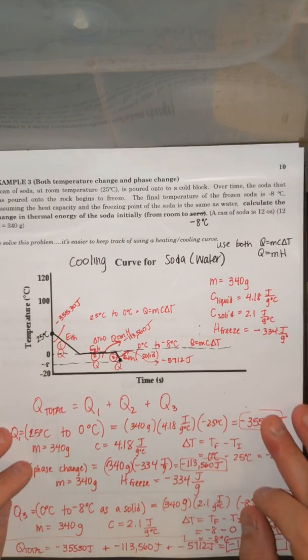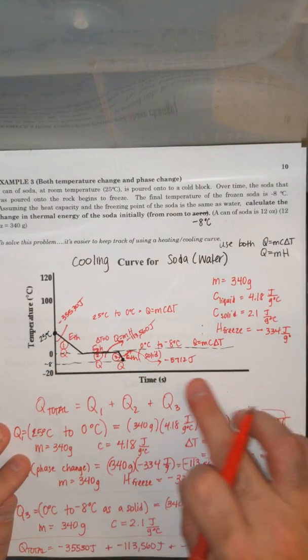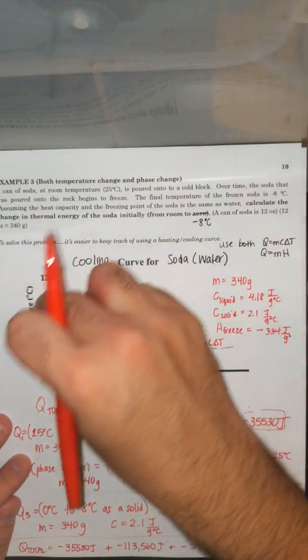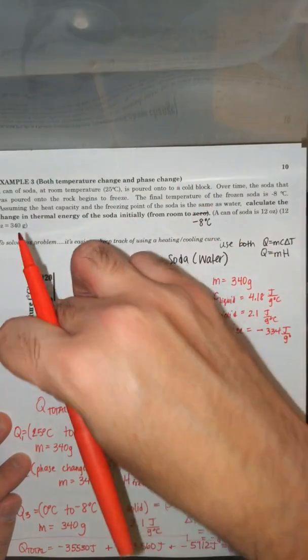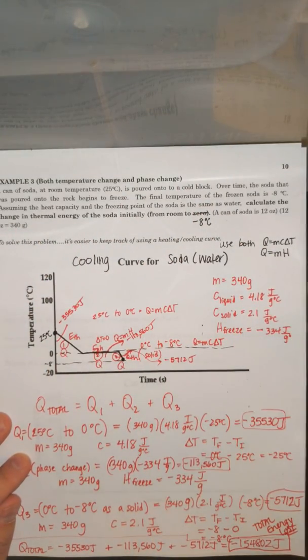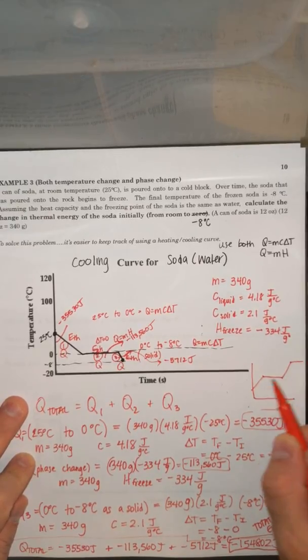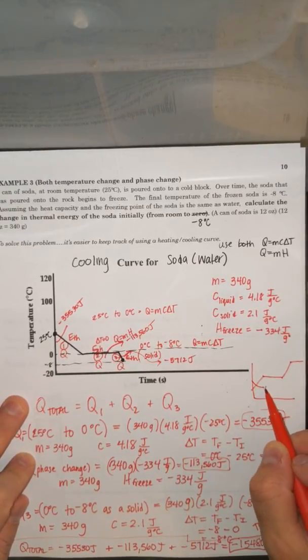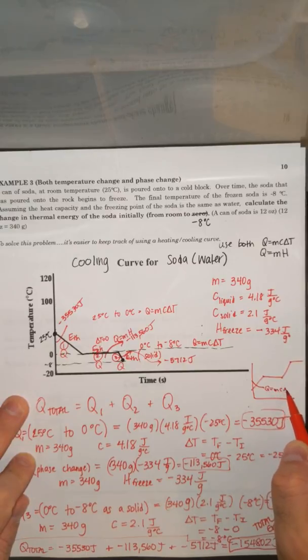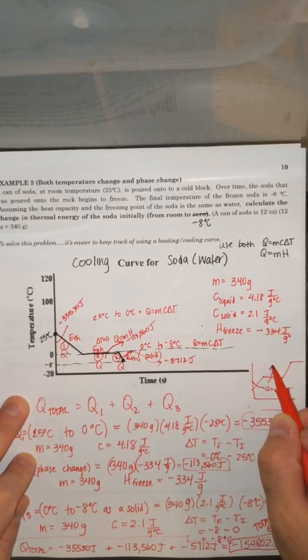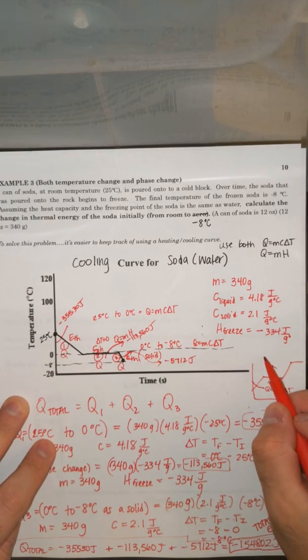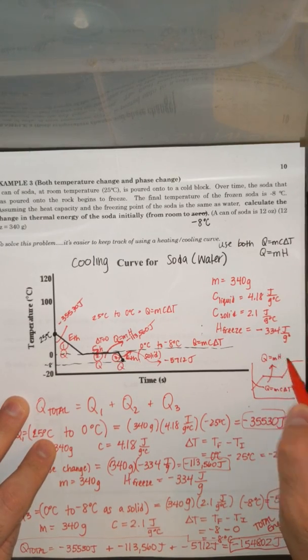Okay? So in conclusion, to help you organize this, I would use a cooling or a heating curve and keep track. And if I'm ever on a curve where the line is angled, I'm using Q equals MC delta T. If I'm ever on the curve where it's flat, I'm using Q equals MH.